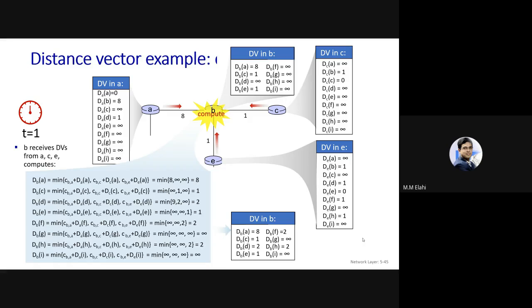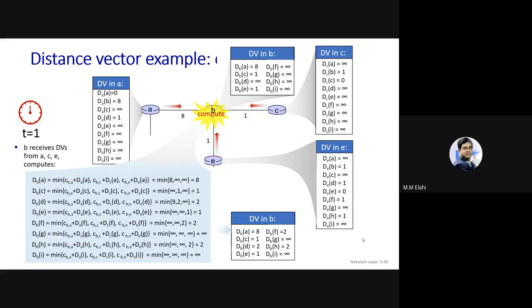Router will recalculate. Suppose the link between B and C is down. What will happen? Which nodes will first know that the link is down? B and C, right? Yes, sir. Other nodes cannot know that unless B and C send updates. So whenever a link is down, B and C will first update their own tables and send the updated table to others.